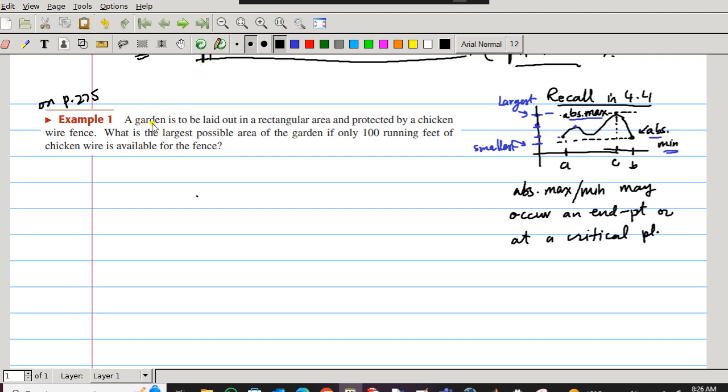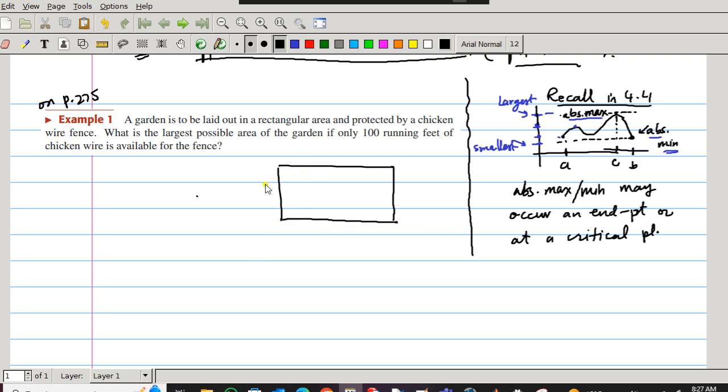So see, if I read this, a garden is to be laid out in a rectangular area and protected by a chicken wire fence. So see here, you have to make a rectangular garden, a garden that has a rectangular shape, right?